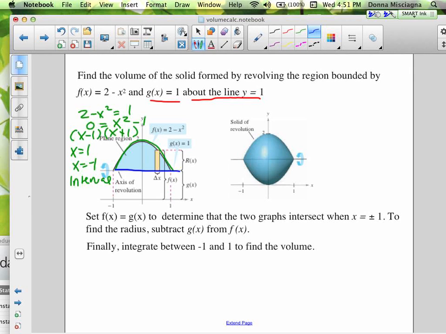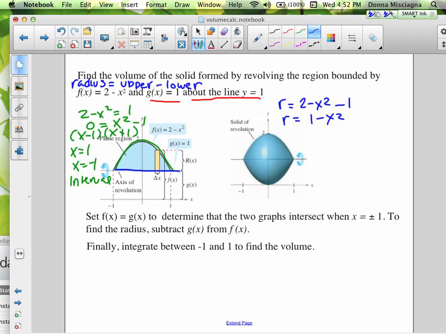Your radius is equal to upper minus lower. So the upper function is the 2 minus x squared, and the lower function is the 1. So my radius is going to be 2 minus x squared minus 1, so if I subtract 1, I have 1 minus x squared.